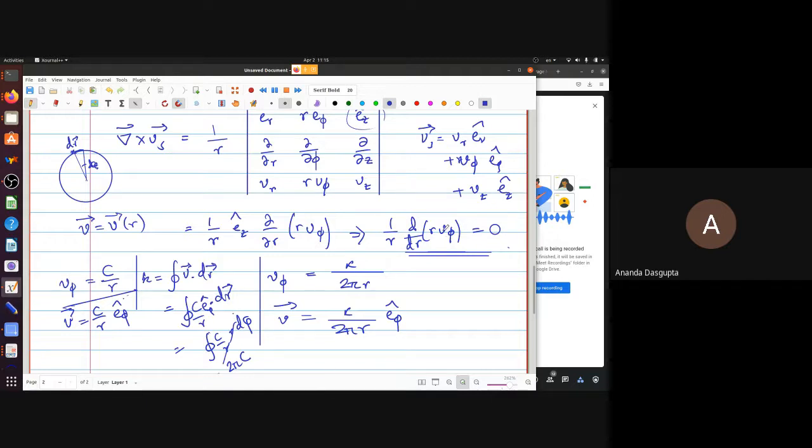Everything boils down to the fact that if V phi is constant by R, is this thing actually equal to 0? An easy question.